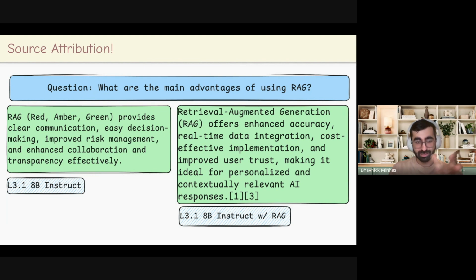On the left hand side, it's completely wrong, something about communication, red, amber, and green. That's a pretty cool combination. But on the right hand side, it's actually about RAG, and it gives sources, first and third. That was because the second one was irrelevant. The first and third were related to RAG, and they were just general Wikipedia searches. This is with Llama 3.1 8B Instruct.